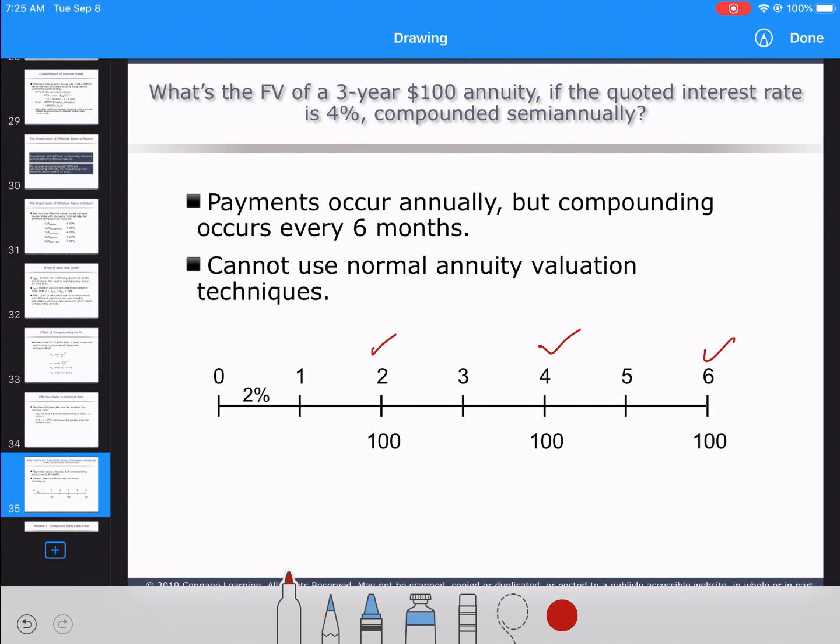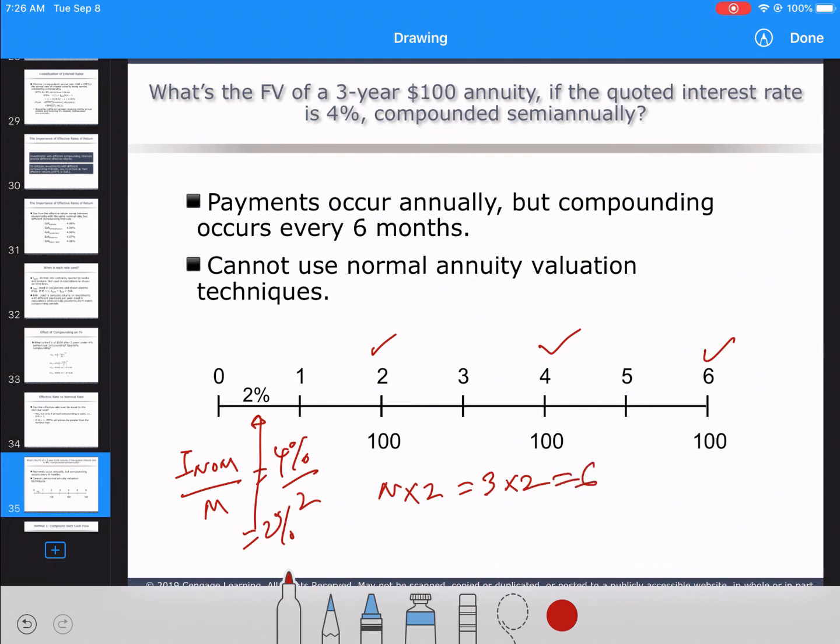So you take I nominal and divide it by the number of compoundings, which is 4% divided by 2 is 2%, and that you see in here. And then you multiply n, which is 3 years, by 2, which is 6. And these are the inputs that you are going to use on your calculator.